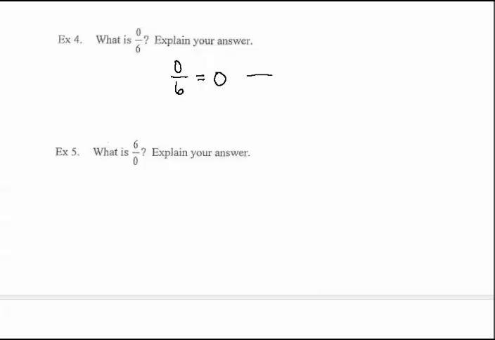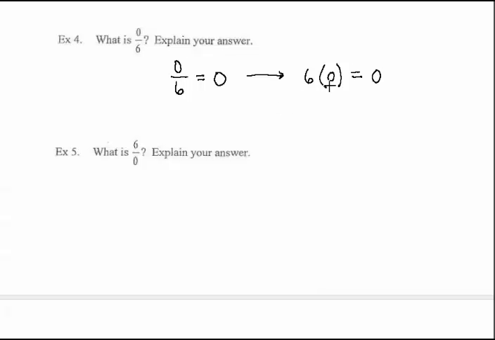But now we're going to look at it in terms of multiplication. 0 divided by 6 is 0 because 6 times this 0, the result, equals the numerator, 0.